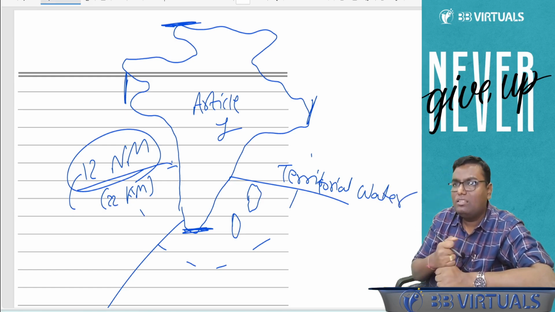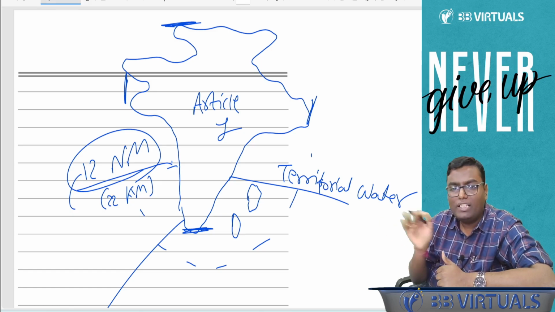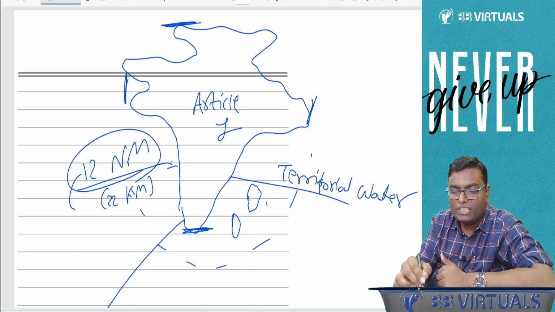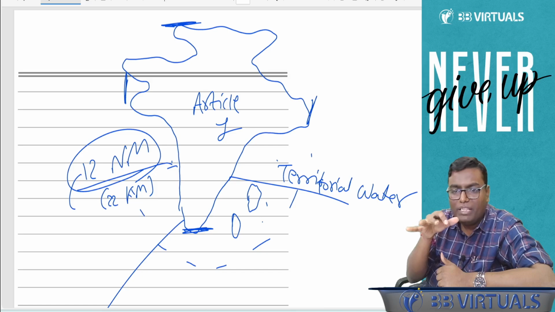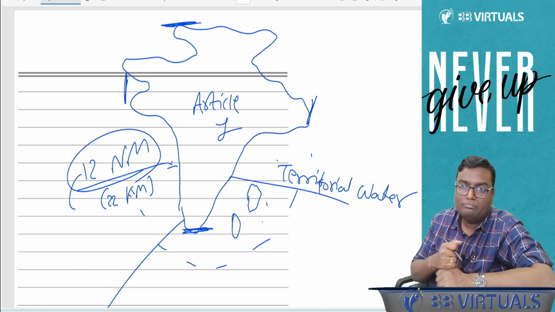If you have seen the Bollywood movie Chennai Express, Shah Rukh Khan was in a boat and he crossed the Chennai border and was in the sea somewhere. When he opened his eyes, he was in the middle of the sea, but the Indian police were there to arrest him.